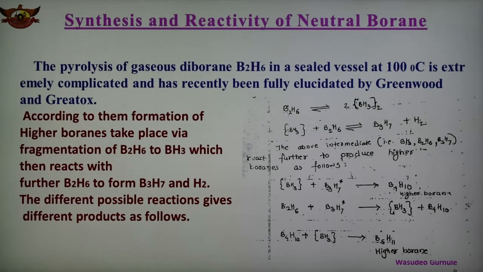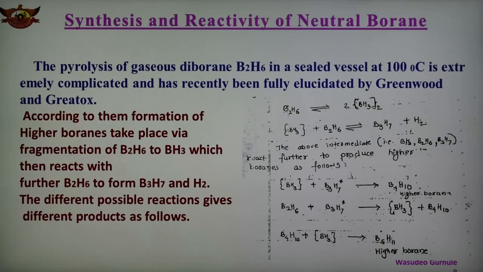According to these scientists, the formation of higher boranes takes place through fragmentation of diborane into BH3, which then reacts further with diborane to form different types of products, which are shown in this slide: BH3, B3H7 and hydrogen.